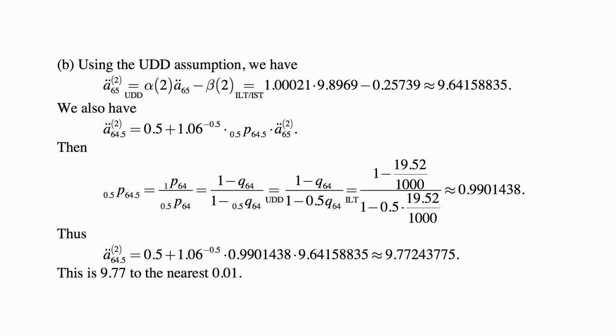And that's 1 minus the probability of dying. And under UDD, 0.5 Q64 is 0.5 times Q64. And all of those values are now in the illustrative life table. We plug them in, we get the value of the probability of survival, which is 0.9901438. So the A double dot upper 2 64.5 is what we get when we plug all those numbers in, and that is equal to 9.77 to the nearest 0.01.